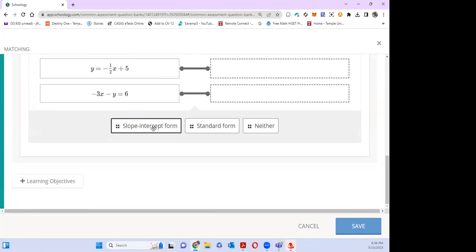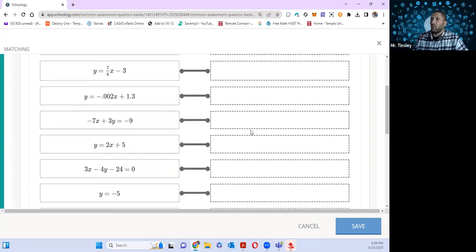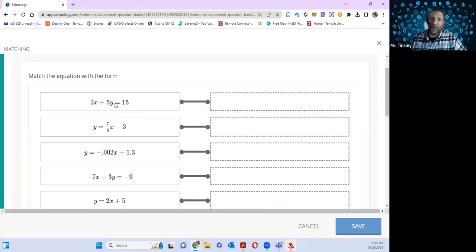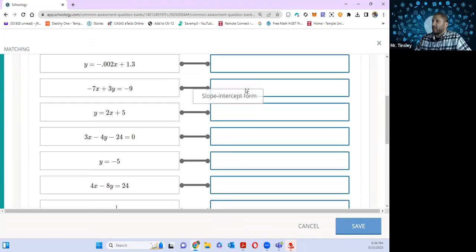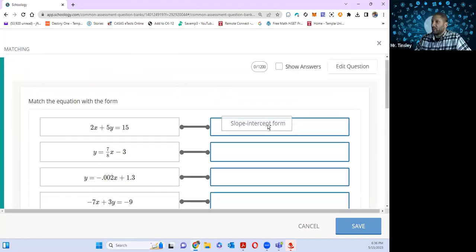Is it slope-intercept form, is it standard form, or is it neither? So 2x plus 5y equals 15, is that standard form, slope-intercept form, or neither? Standard. Again, I didn't make this quiz yet, so you will see it soon.